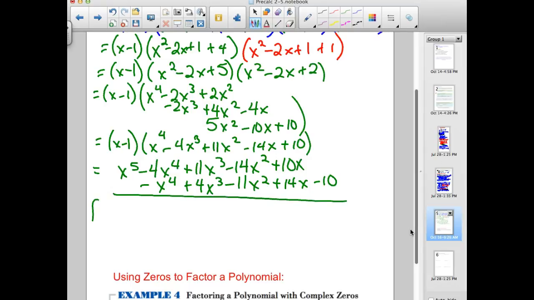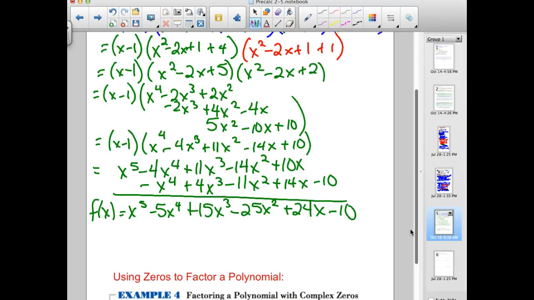And combining it all, we've got x to the 5th minus 5x to the 4th plus 15x cubed minus 25x squared plus 24x minus 10.